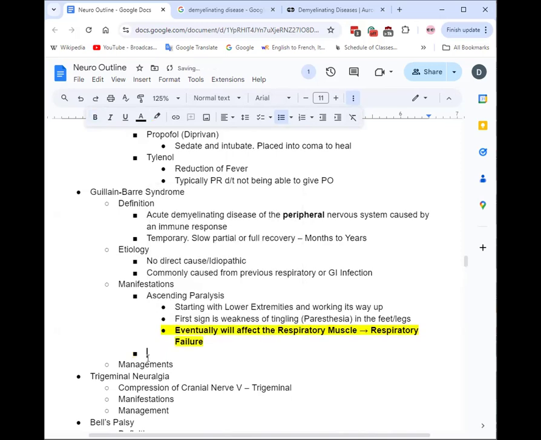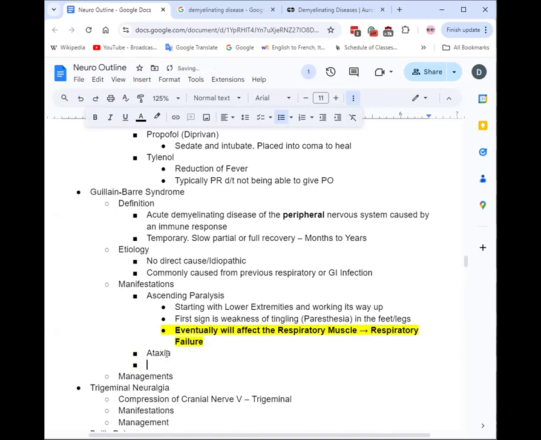Let me see what else I can do. So ataxia, I believe that's true. So you have ataxia, maybe some flu-like symptoms prior to it starting. What else can you guys think about?